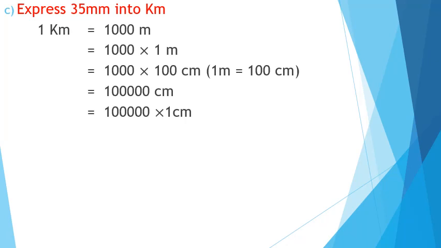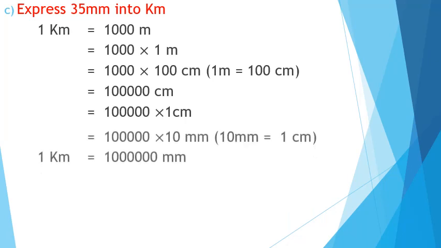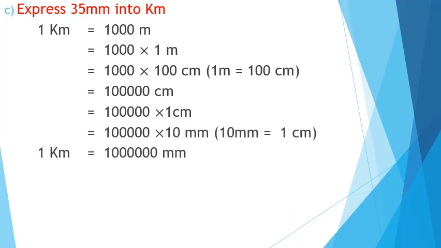Instead of centimeter, we can write it as 10 millimeter. Before that, 1 lakh can be written as 1 lakh multiplied by 1 centimeter. That gives 1 lakh multiplied by 10 millimeter. That gives 1 kilometer equal to 10 lakh millimeter.